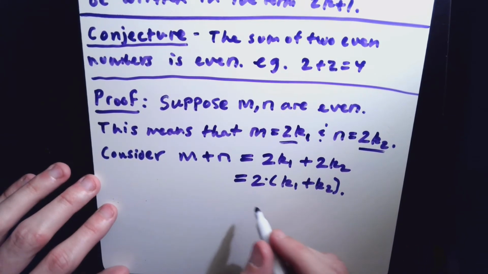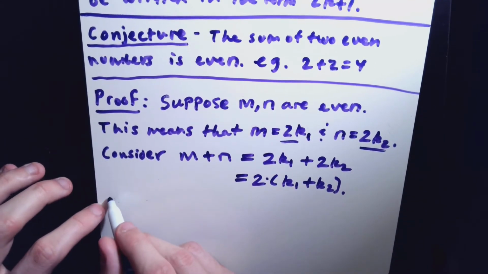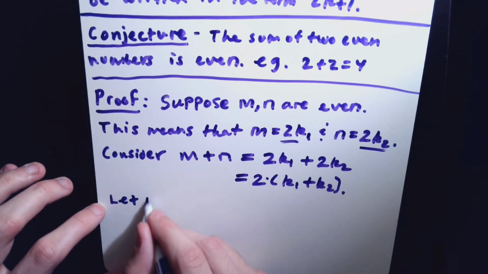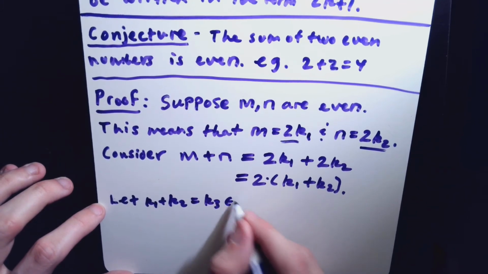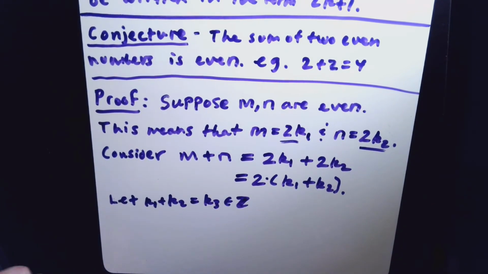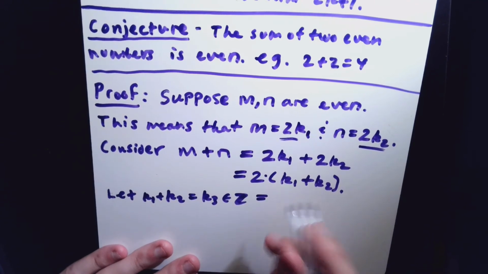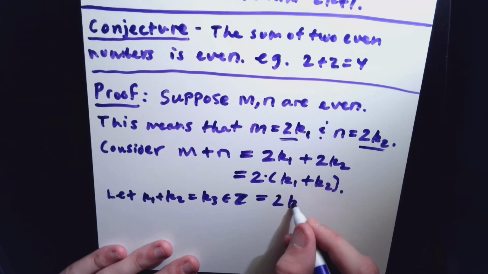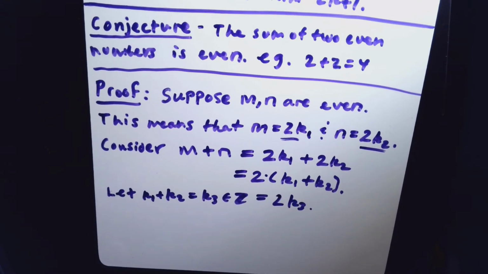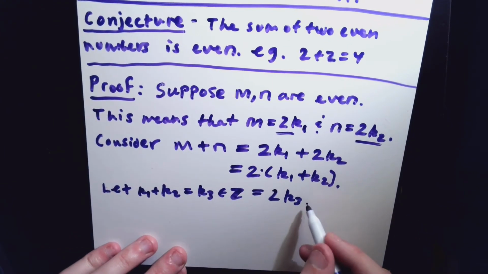If you want to be a little bit more formal, though I don't think it's necessary, you could say let k1 plus k2 equal k3, which is an integer, basically relying on the assumption that if you add together two integers, you get another integer back. I'm being a little bit informal here, but then you could say this is equal to 2 times k3. k3 is an integer. So we have proved that the sum of two even numbers is an even number.